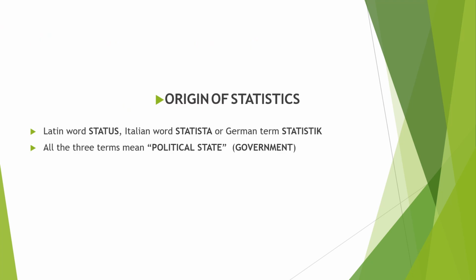So after understanding the dictionary meaning of statistics, let us move to the next topic, which is origin of statistics, or how this term statistics originates. The term statistics has been originated from the combination of words of different languages.